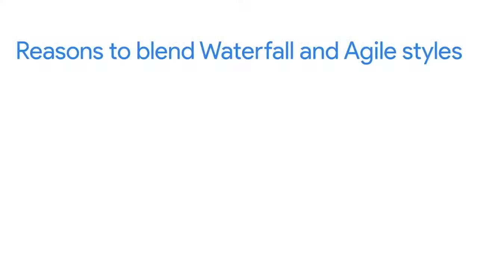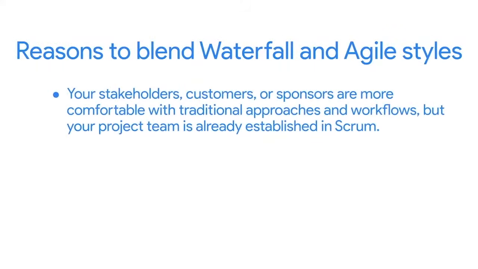So even though these 2 approaches have clear differences, blending them might make a lot of sense, depending on the type of project or project team you're working with. Here are some reasons you might want to blend Agile and waterfall styles. Your stakeholders, customers, or sponsors are more comfortable with traditional approaches and using workflows, or delivering traditional work products is easier for them to understand and follow.